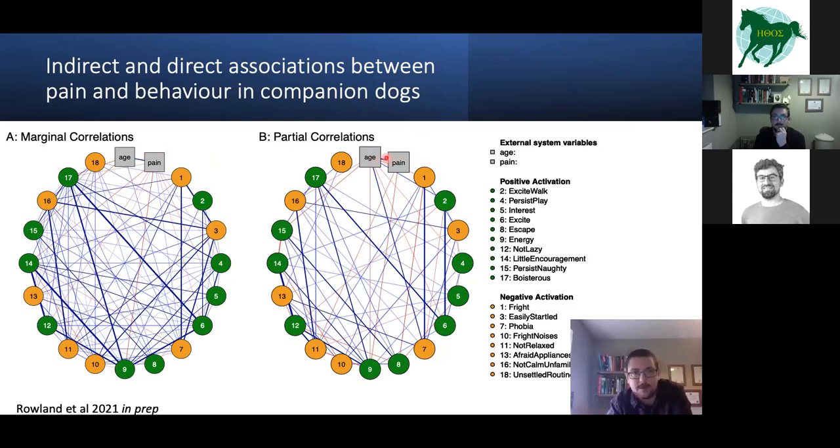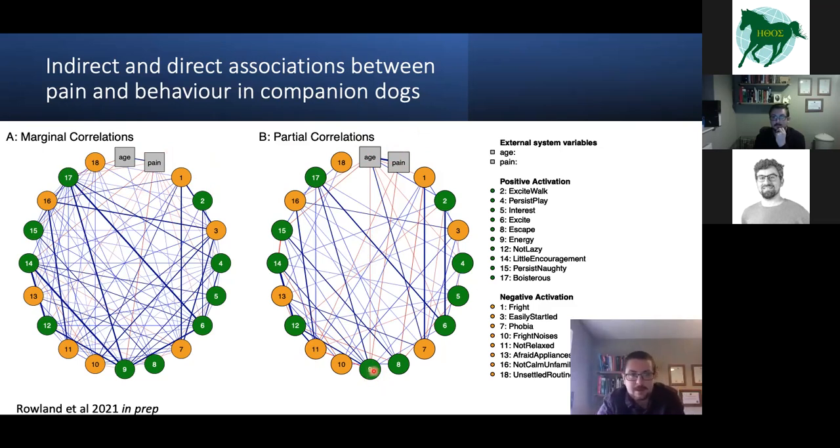We've got a strong positive relationship between age and pain. Makes sense. We then have 2 negative edges between pain and this negative activation item, 11, not relaxed, and pain and this positive activation item, energy.